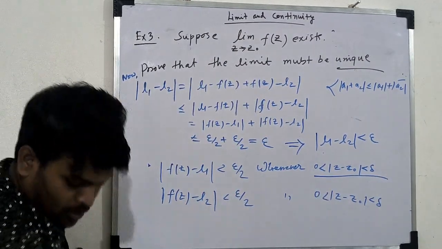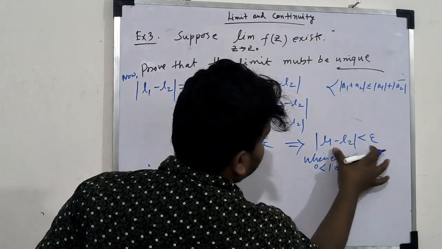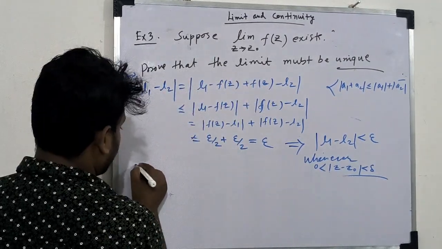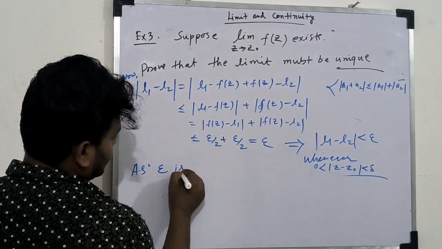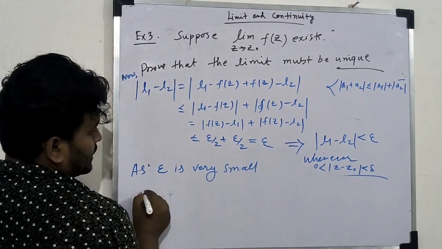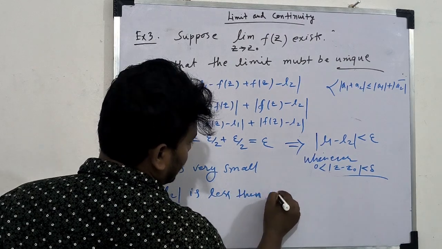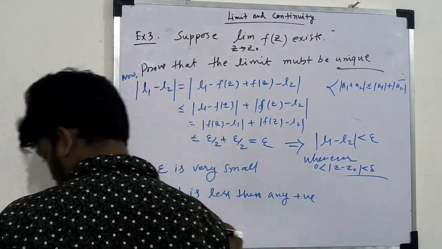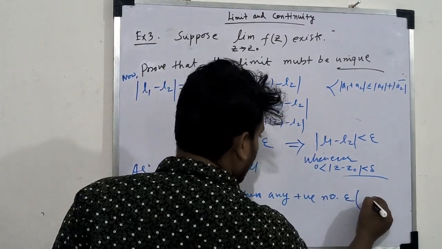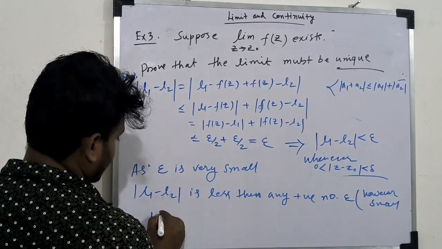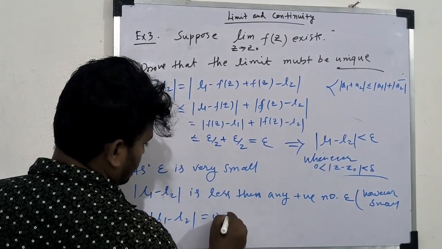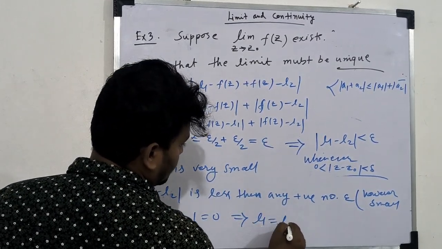So we get modulus of L1 minus L2 less than epsilon whenever this happens. As epsilon is very small, we can take modulus of L1 minus L2 to be less than any positive number epsilon however small. So this can be written as modulus of L1 minus L2 equal to 0, and from this we get L1 equal to L2.